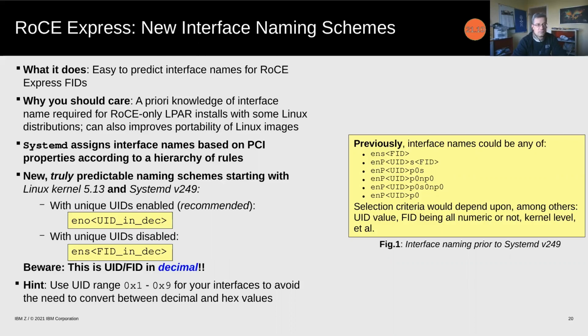Right, and also let me point out that previously we didn't really talk so much about RoCE Express. We start to compare them a little bit, but we're now at a point where we see that a lot of our customers are seeing a lot of benefit in the RoCE Express adapters because they have very low latency, great throughput characteristics. So they do a lot of good things for a lot of our clients.